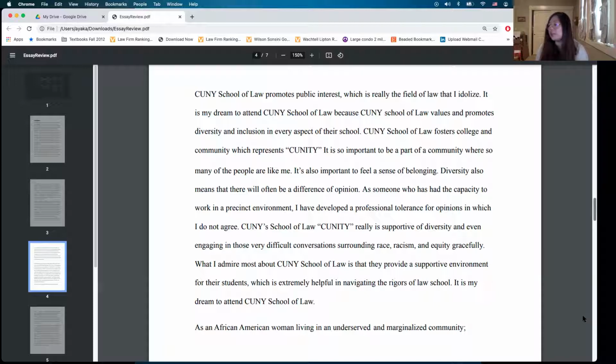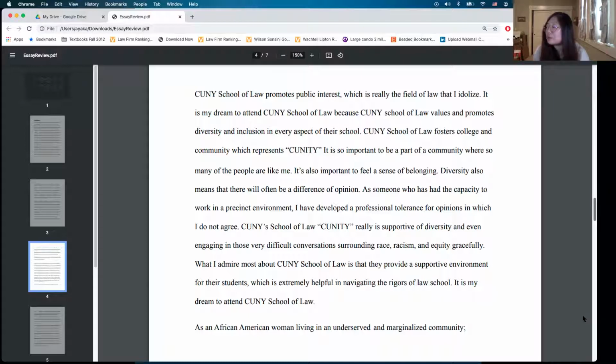Diversity also means that there will often be a difference of opinion. As someone who has the capacity to work in precinct environment, I have developed a professional tolerance for opinions in which I do not agree. CUNY's School of Law, CUNITY, really is supportive of diversity and even engaging in those very difficult conversations surrounding race, racism, and equity gracefully.